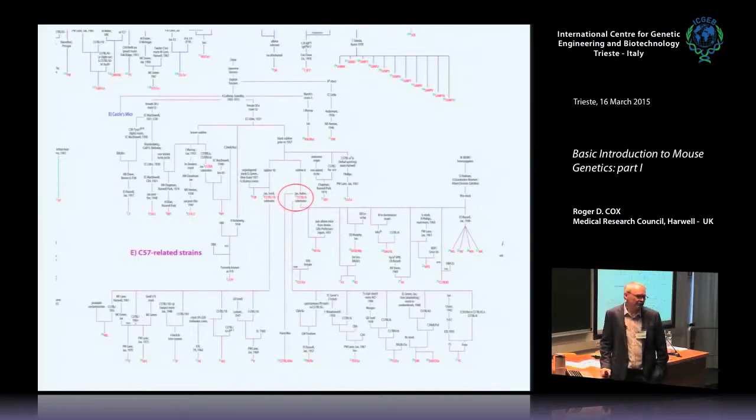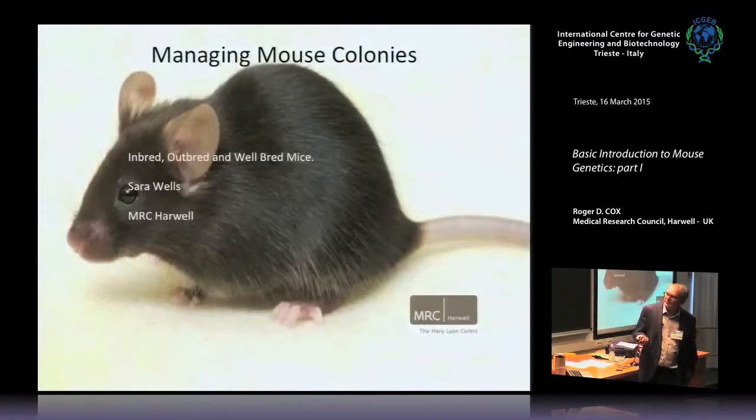When you write a paper on your data, make sure that you report what strains you're using and report them accurately. So again, this is pinched from Sarah Wells' Managing Mouse Colonies talk.